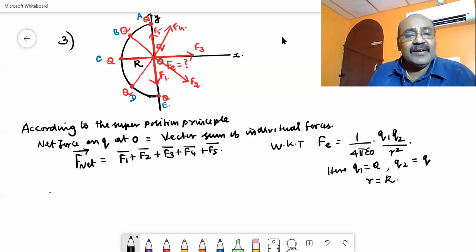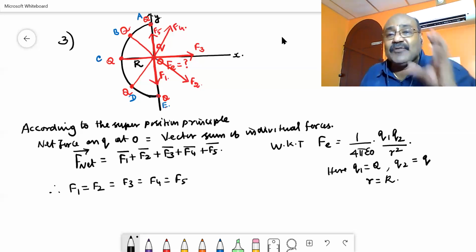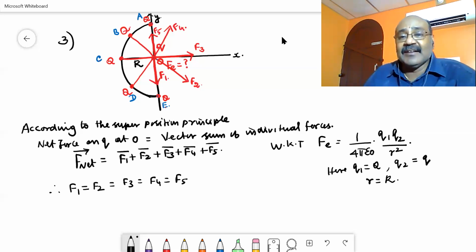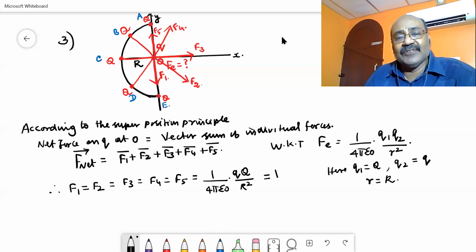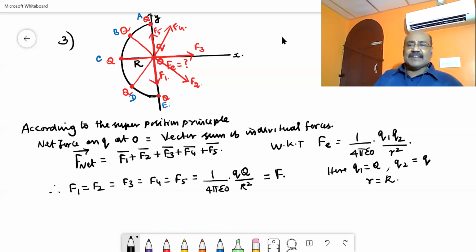Therefore, we can write F1 is equal to F2 is equal to F3 is equal to F4 is equal to F5. That is, the magnitudes of all the forces acting on the charge small q are equal, which is equal to 1 divided by 4 pi epsilon 0 into q into capital Q divided by capital R square. Let us consider this as F, because the magnitudes of all the forces F1 to F5 are the same.